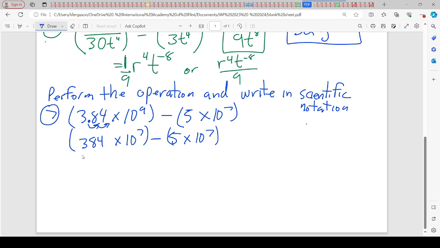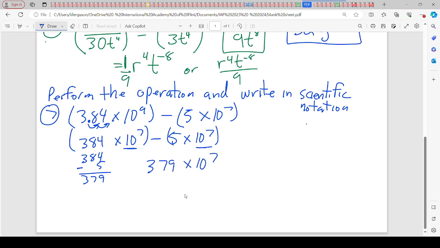And so now I can just stack these on or line them up and do my operation. So I got 384 minus 5. So I got 379 and my exponents stay the same. So I'm going to have 379 times 10 to the seventh power.